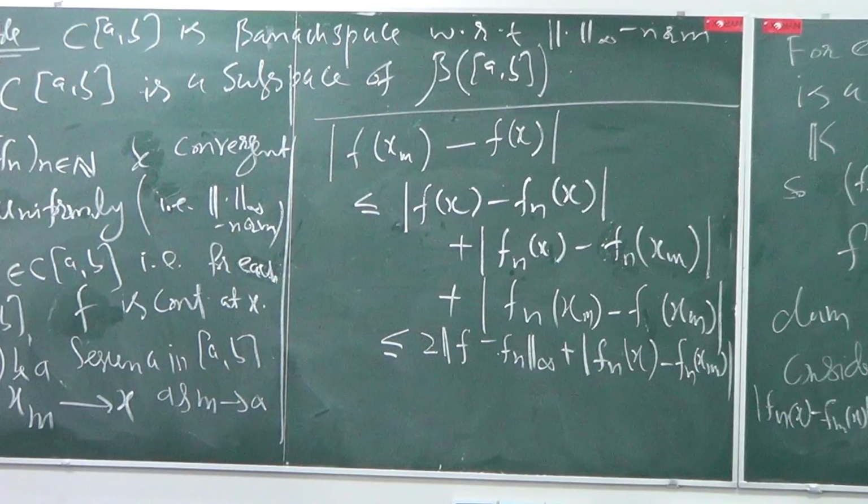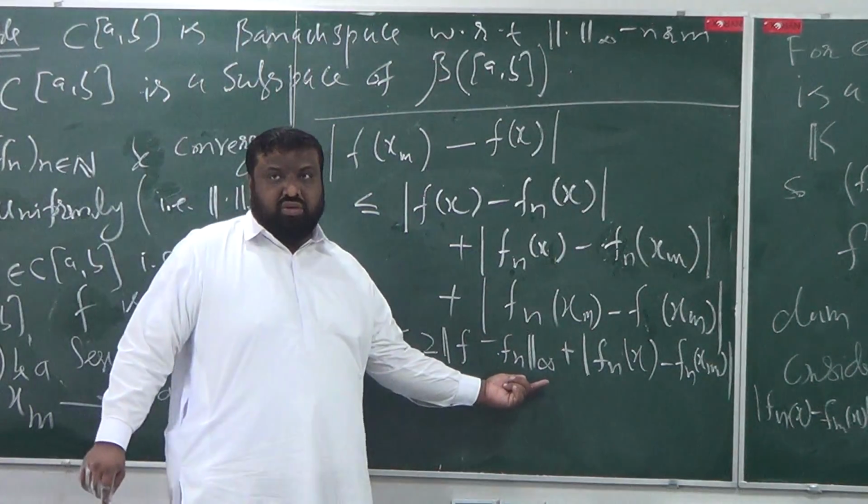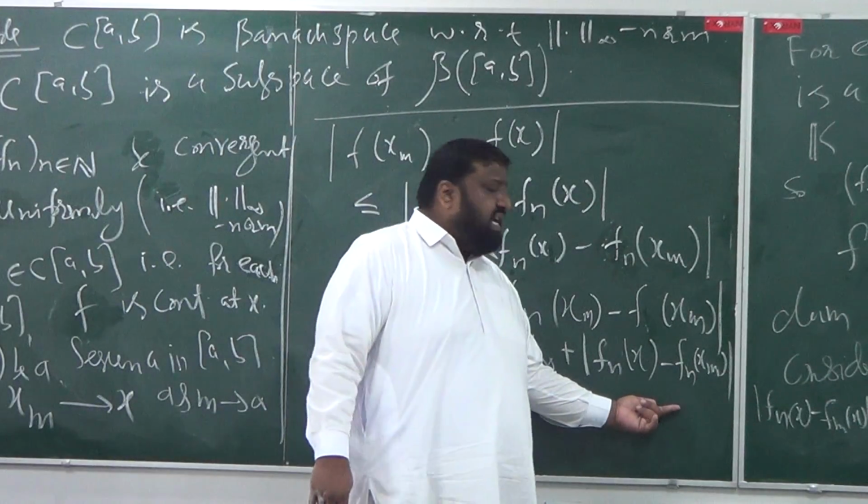Are we done? Do you think that is sufficient to include what we want? You see that you have this uniform convergence. This guy goes to 0 as n goes to infinity. Why will this guy go to 0?